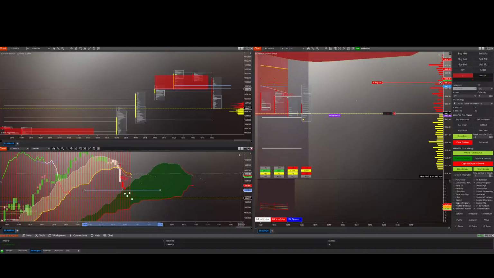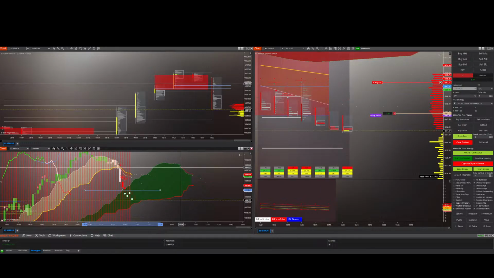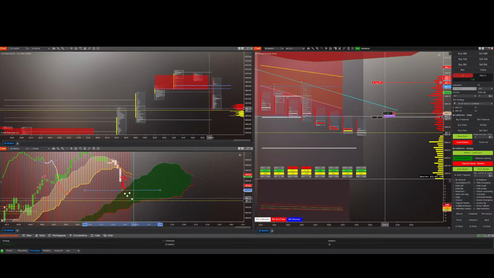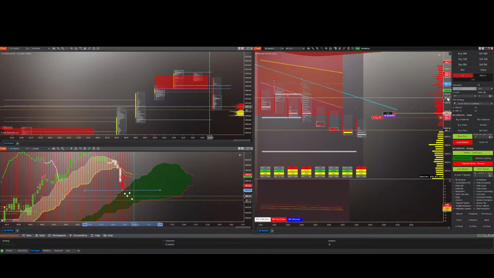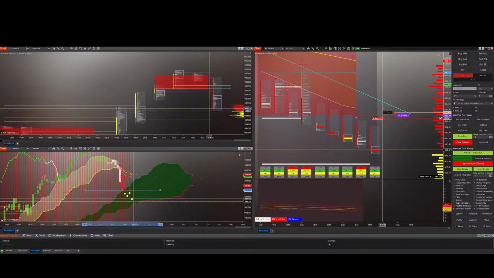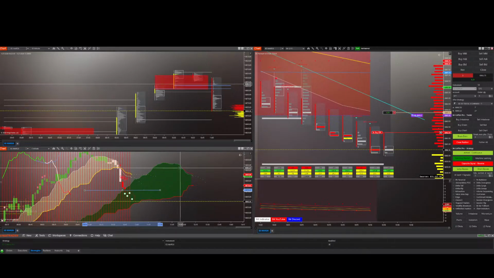One of our early sell signals that I'm adding to this is right here. It's called a Q-line cross. That's my signal.